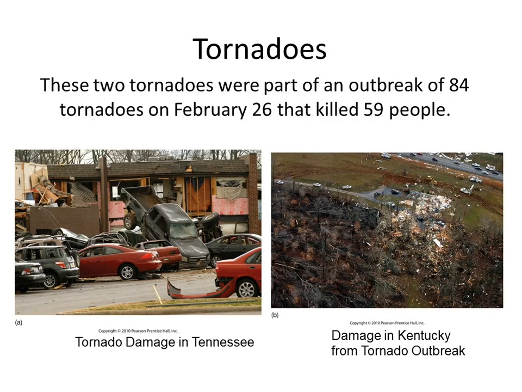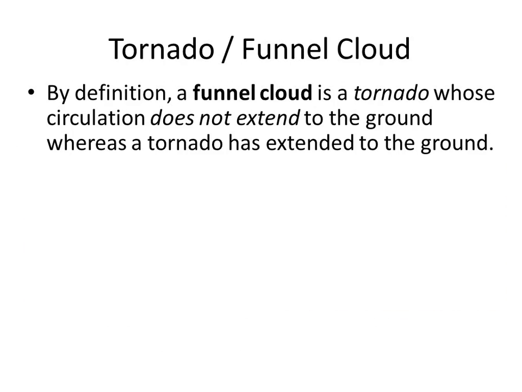Think of an insurance adjuster going out there and gauging the damage that was done, the wind speed, and then associating that back to, was it EF5, EF4, 3, 2, 1, EF0, right? So a full-fledged tornado is different than a funnel cloud, in that a funnel cloud doesn't reach the ground.